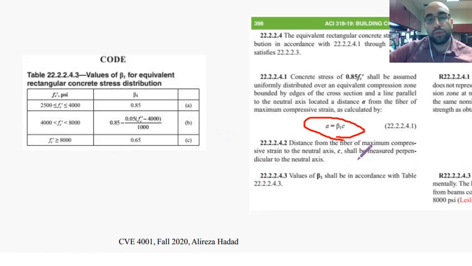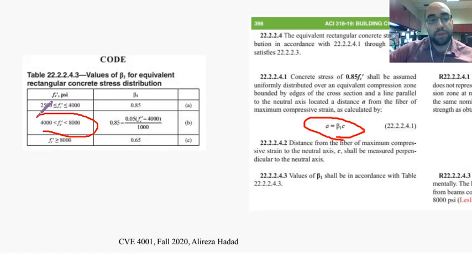So we wanted to find C, depth of compression block, and this is the equation that we need to use. A is equal to beta 1 by C, and beta 1 is calculated based on this table. If F prime C is from 2,500 to 4,000, it's always 0.85. If it is greater than 8,000, it is always 0.65.